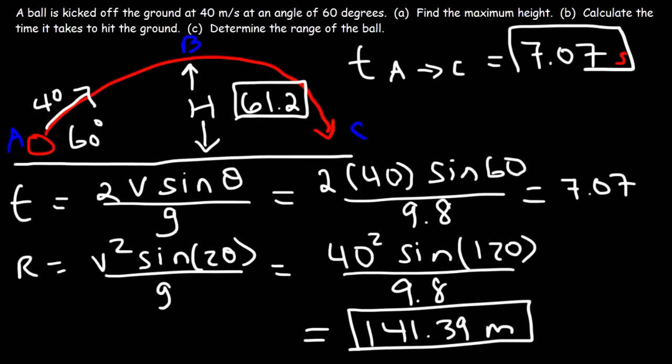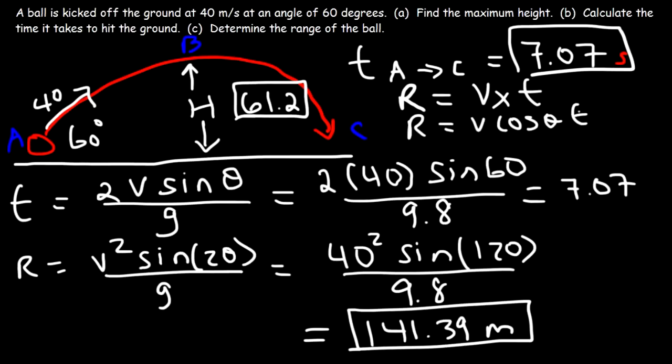And that's it for this problem. Now I do want to mention something, and that is you can find a range using this equation, Vx t. And keep in mind, Vx is v cosine theta. So if we multiply 40 cosine 60 times t, which is 7.07, notice what we'll get.